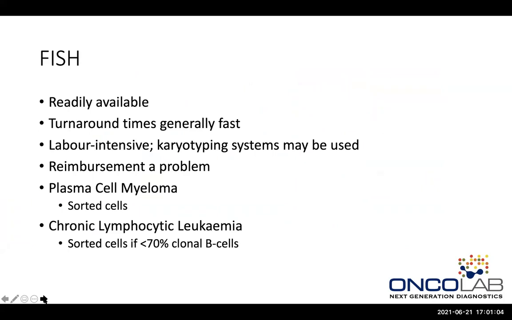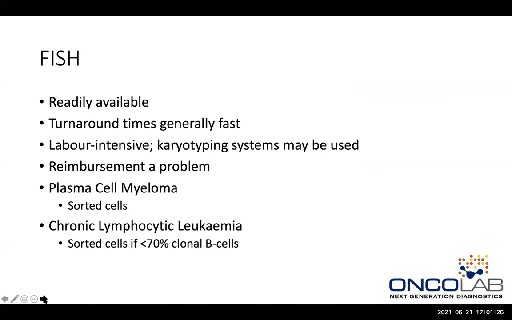Plasma cell myeloma, please ask your laboratory, look at your aspirate, see how many plasma cells were counted, and ask them, did they purify or sort these cells before doing the FISH? If you have 10% plasma cells, your sensitivity to pick up a TP53 mutation drops significantly. And the same for chronic lymphocytic leukemia.